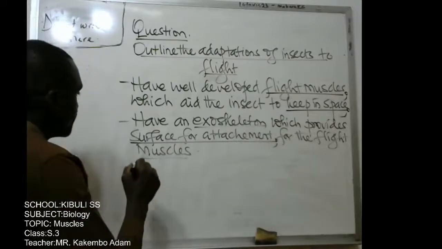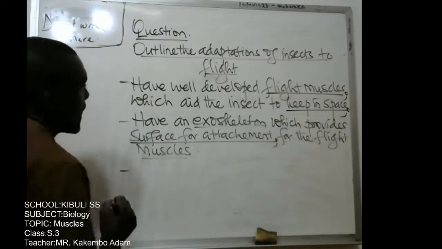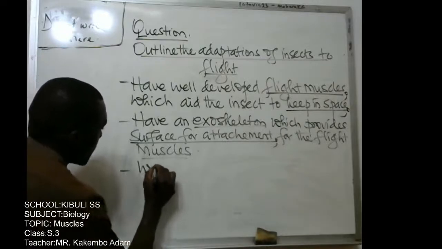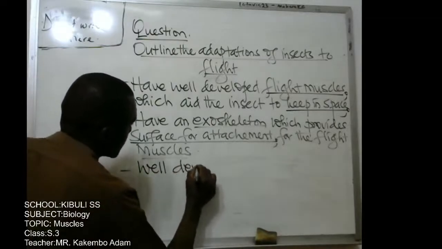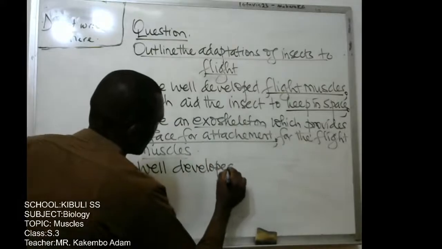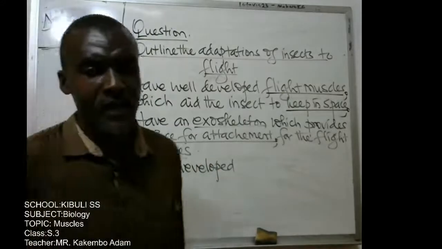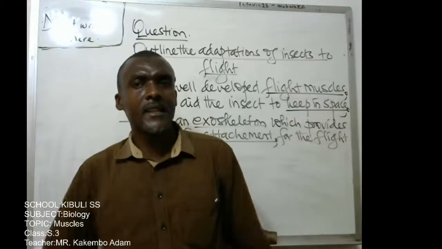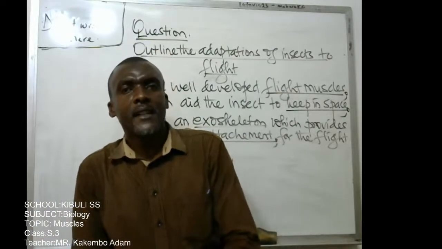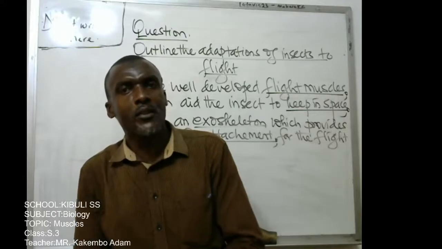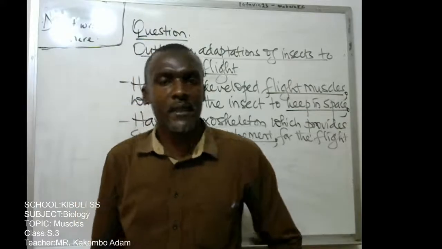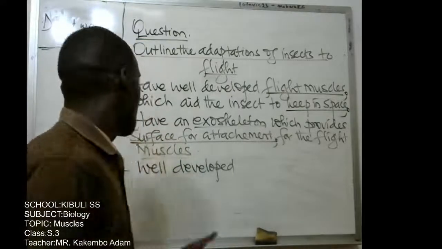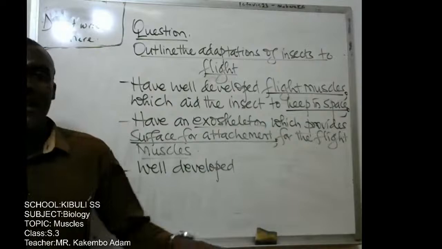Another adaptation insects have, they have wings. Well-developed wings. Remember we talked about those that use direct flight muscles, and the examples we cited are the insects that have large wings. We gave examples of the dragonflies, the moth, and the locusts. So in such insects, their wings are large.